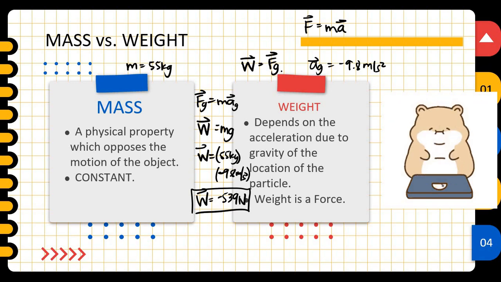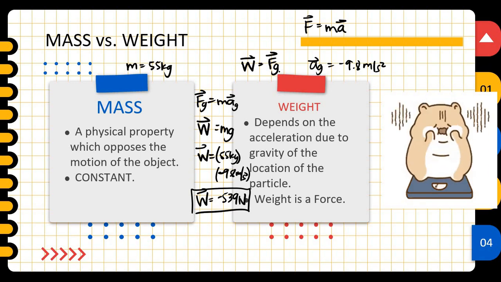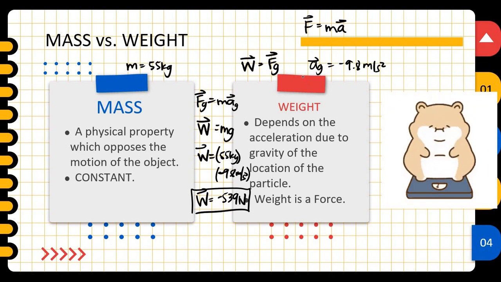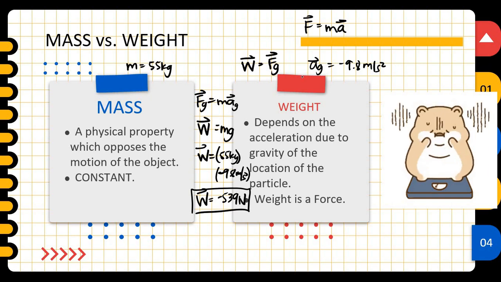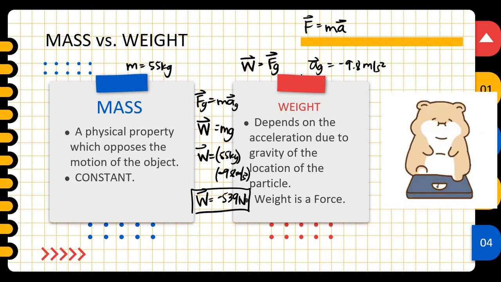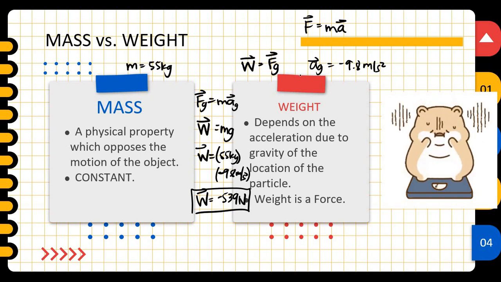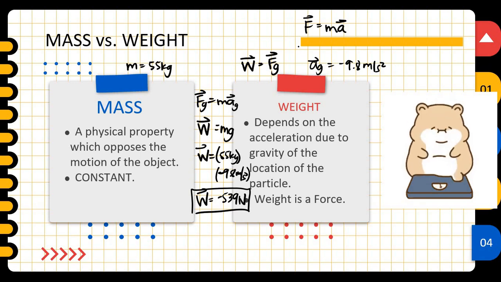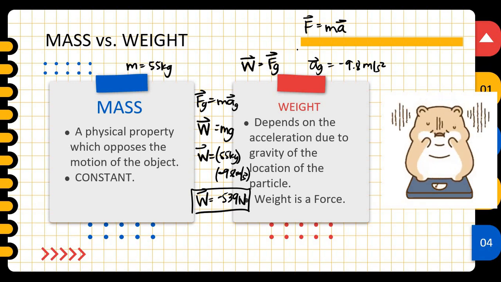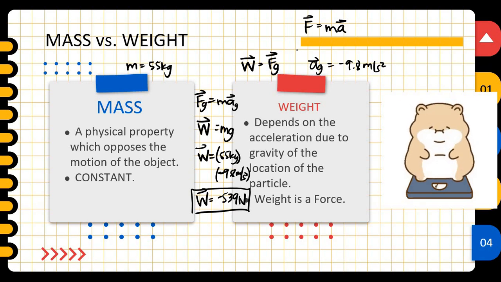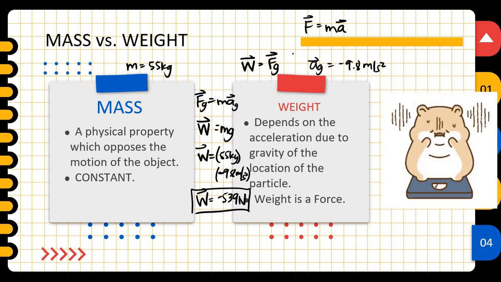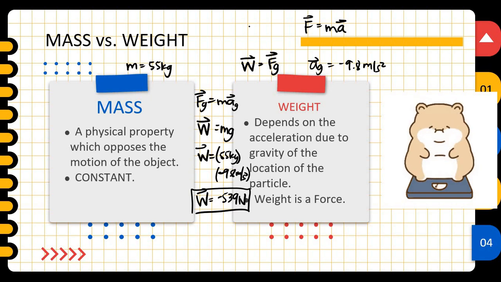So what can we deduce from these ideas? Weight is actually a force, and it is a result of the interaction of your mass with the acceleration due to gravity of a certain rigid object. Now, what happens to your weight when you wanted to migrate on our natural satellite, the moon?